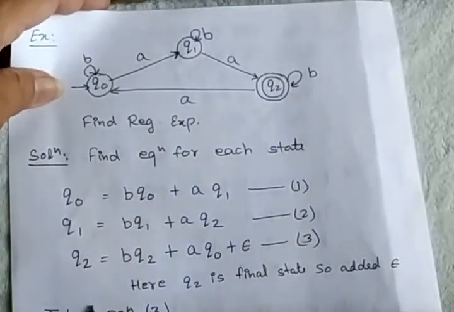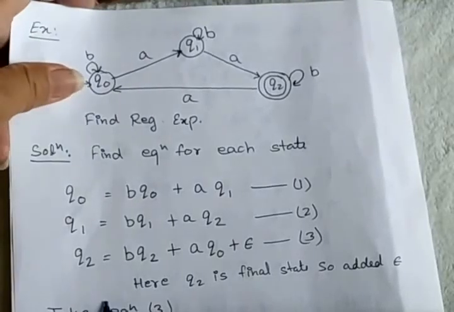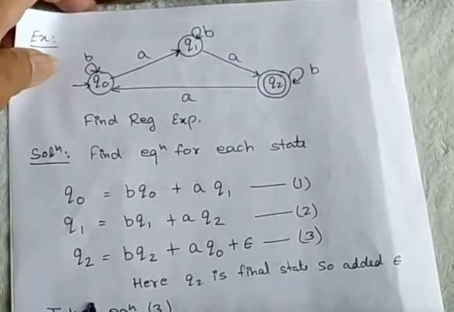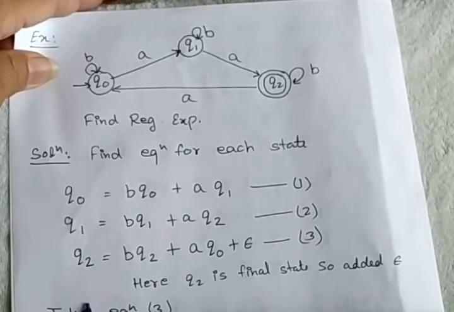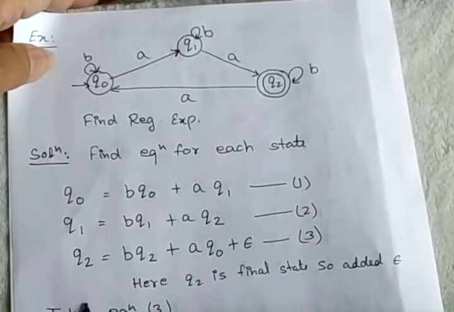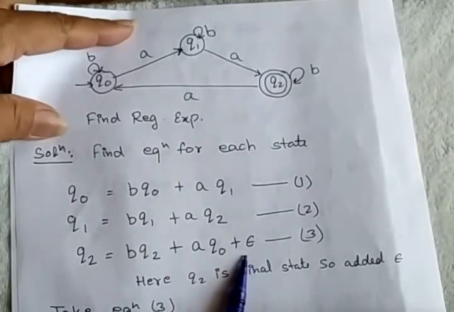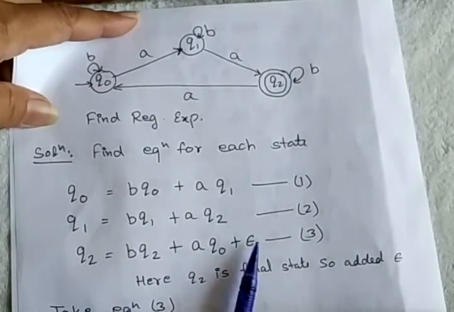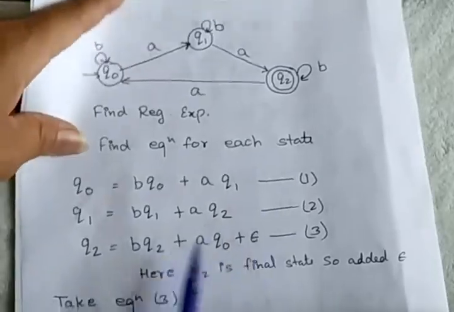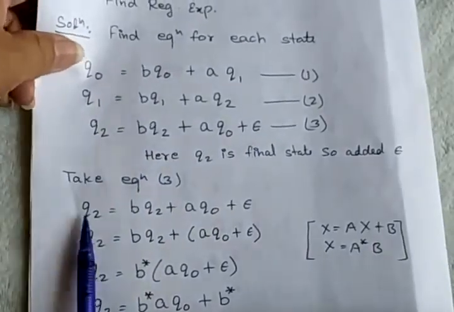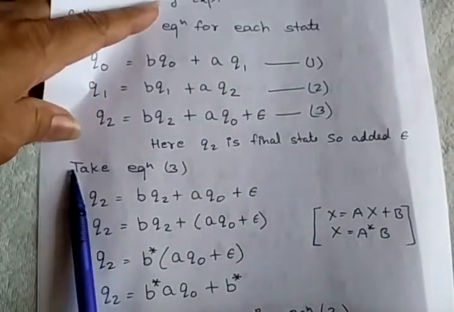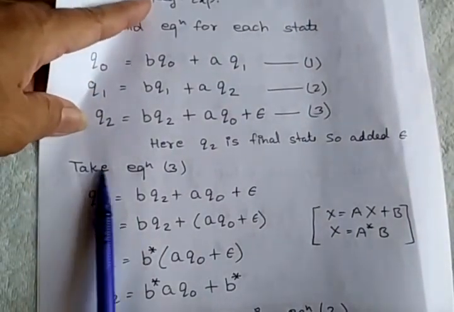Okay. Now Q2. Here Q2 is the final state. So for Q2, the equation will be BQ2 plus AQ0 plus epsilon, because we have added epsilon since Q2 is the final state. Right? Now start solving these equations for Q0. First of all, take equation 3.